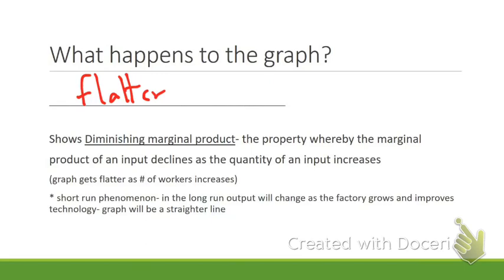So you add other inputs, then you won't necessarily have as much diminishing marginal product, or you may even have increasing marginal product. Technology is another thing, right? If we could get some kind of automated thing to write the rice on the board, it wouldn't take as much room. So on.